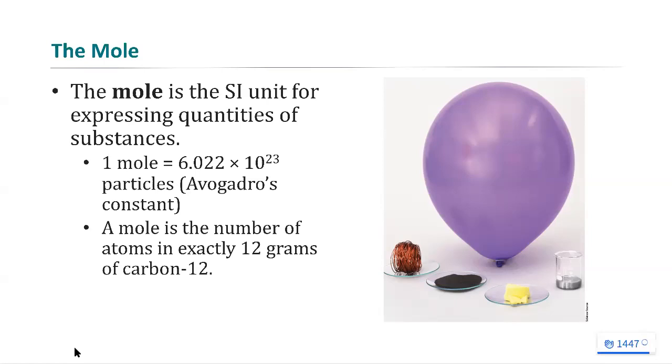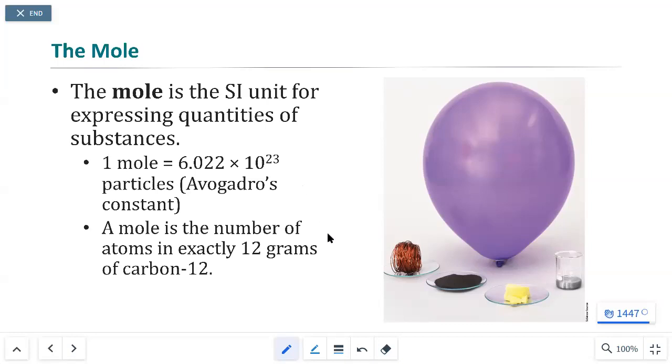And so, since there is that parallel relationship between atomic mass units, grams, atoms, molecules, and moles, they all kind of tie together very nicely. There is a relationship between grams and AMUs.